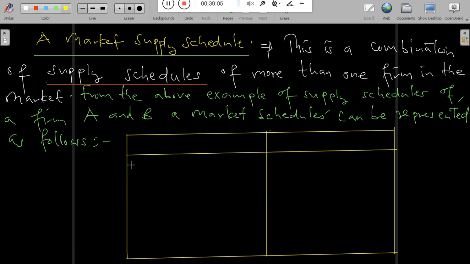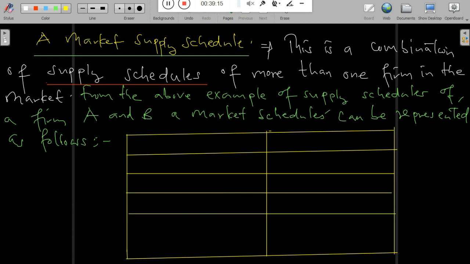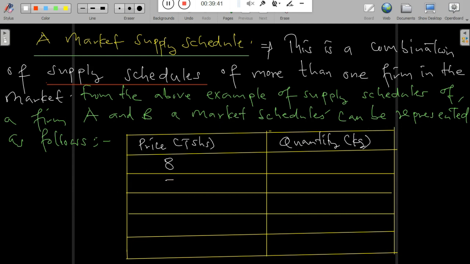Since we had the previous table, we had the prices 8, 7, 6, 5, and 4 Tanzanian shillings. When you add the quantity in kilograms, 15 plus 20, you obtain 35, and 12 plus 16, you obtain 28.